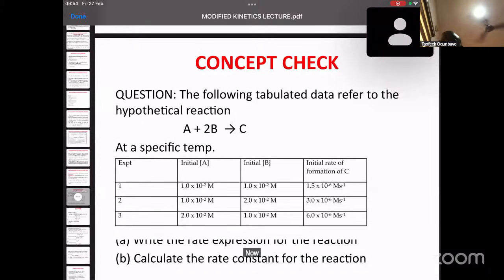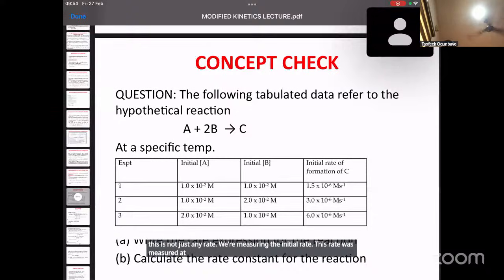We are calling it initial rate because we're measuring the rate at the beginning of the reaction, so that the rate we get will reflect that concentration. When we double the concentration, we realize that the rate also doubled.